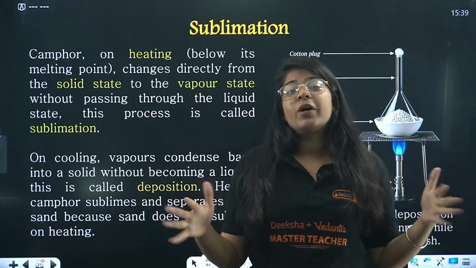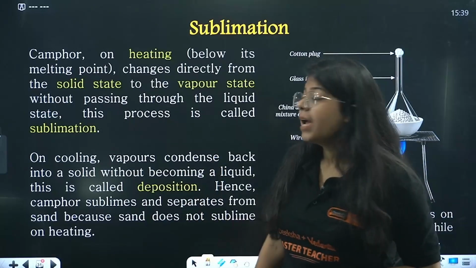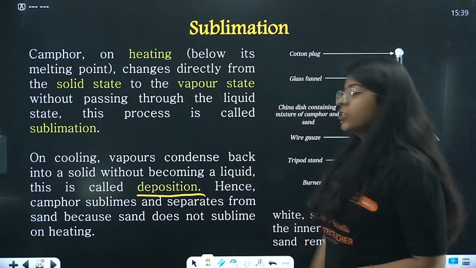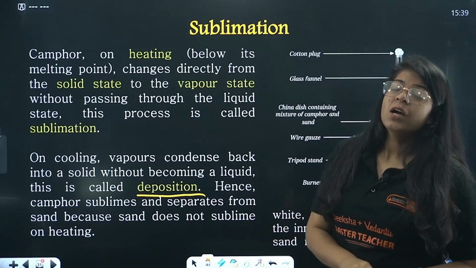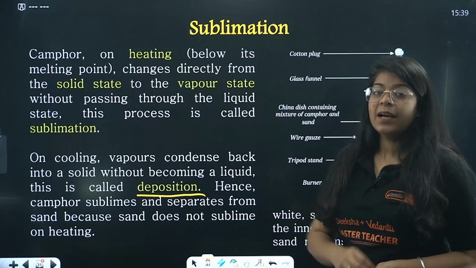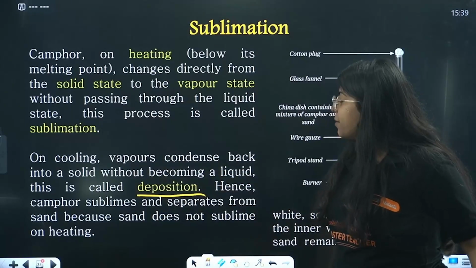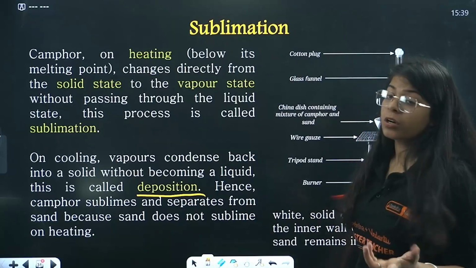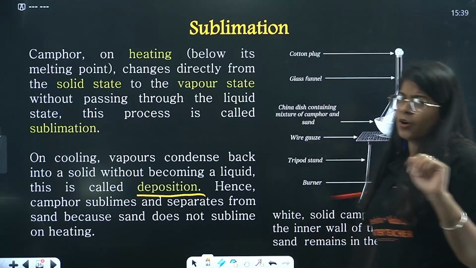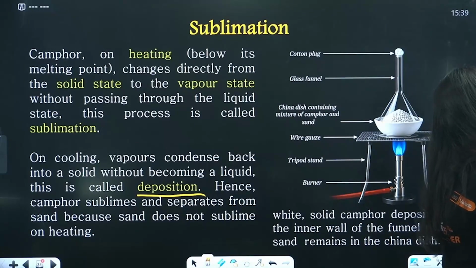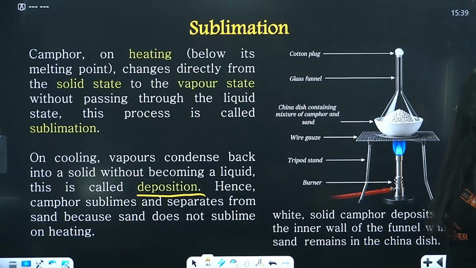It won't go into the liquid phase at all, and that is called deposition. It will deposit on the walls of the container, and you can scrape it out. Hence camphor sublimes and separates from sand, because sand does not sublime on heating. That we obviously know. Next, a very important thing, two very important things we have.